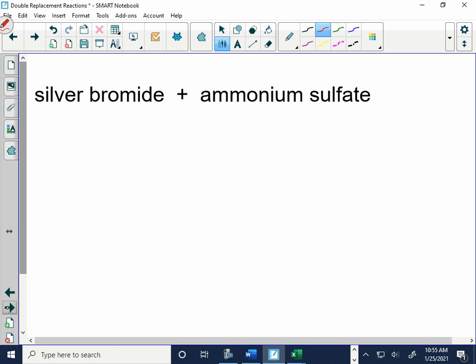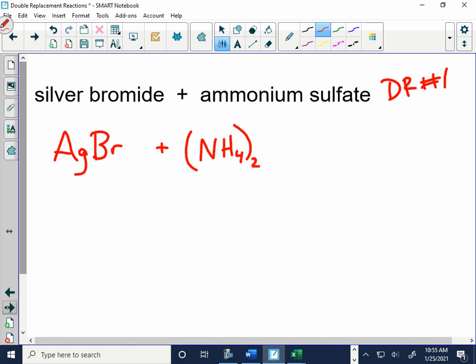So this is going to be a double replacement number 1. So I'm going to need my activity series. Silver bromide. Silver's a 1 plus, bromine's a 1 minus. Ammonium sulfate. Ammonium is NH4, 1 plus. Sulfate's a 2 minus, so I'm going to need 2 of those.